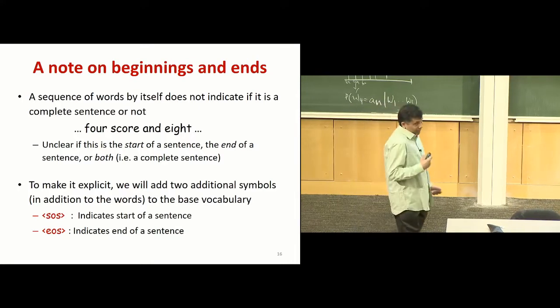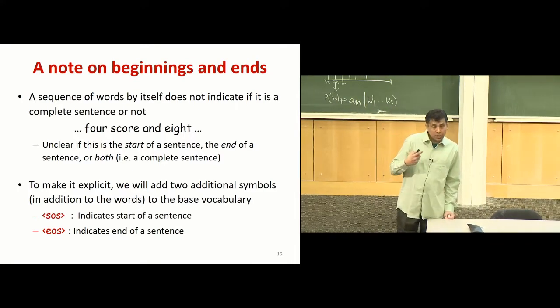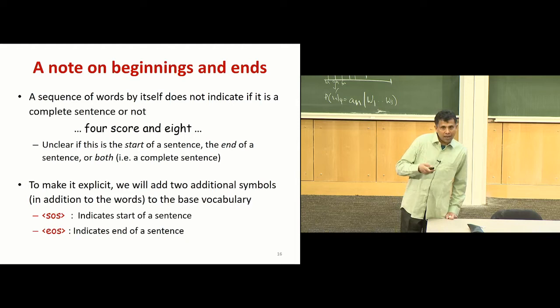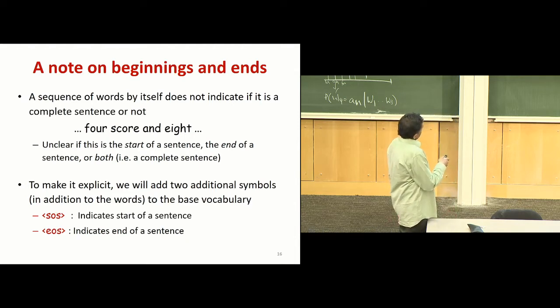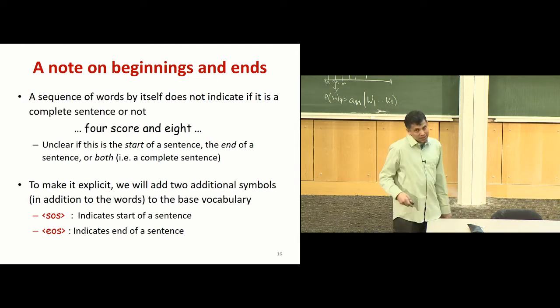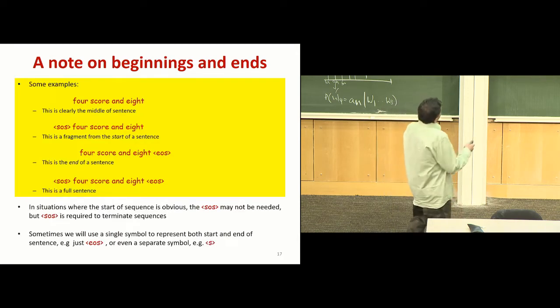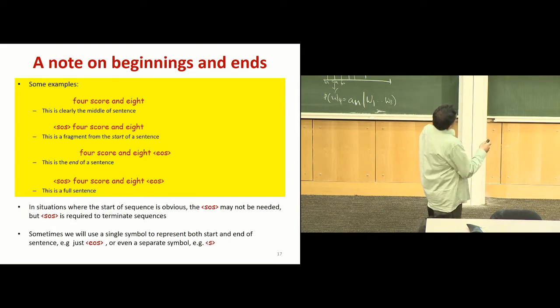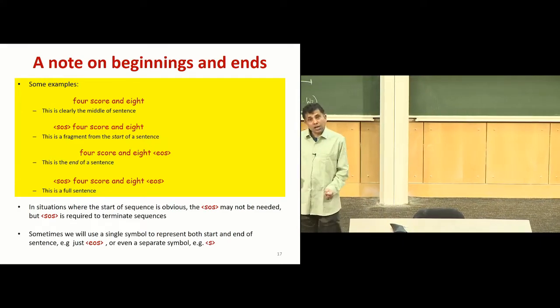So to make this explicit, we are going to introduce 2 new symbols to our vocabulary. The first one is a start of sentence symbol. The second is an end of sentence symbol. And to see how these would be used, let's look at some examples. If I saw a sequence of words 4 score and 8, there are no start or end markers.